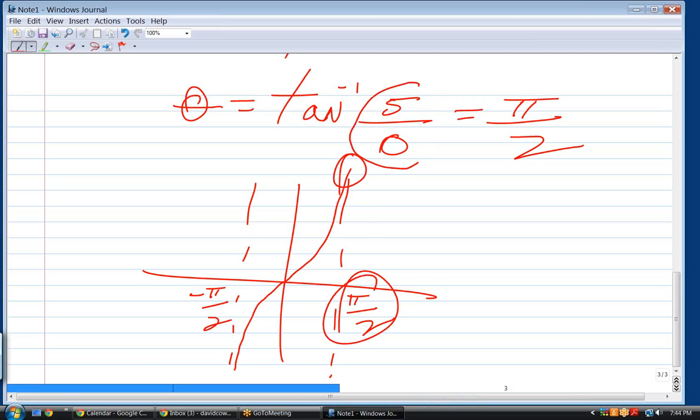And that's what that means, that's infinity. And it's only infinity because you're dividing by 0. It's the one time you can divide by 0, when you're taking the inverse tangent of a number divided by 0. That's pi over 2. Okay?